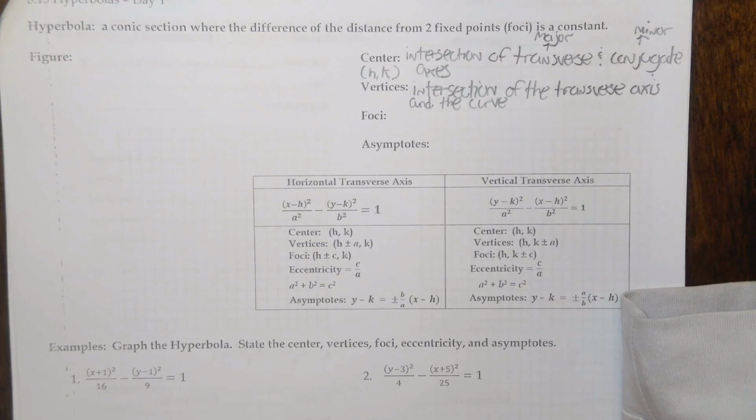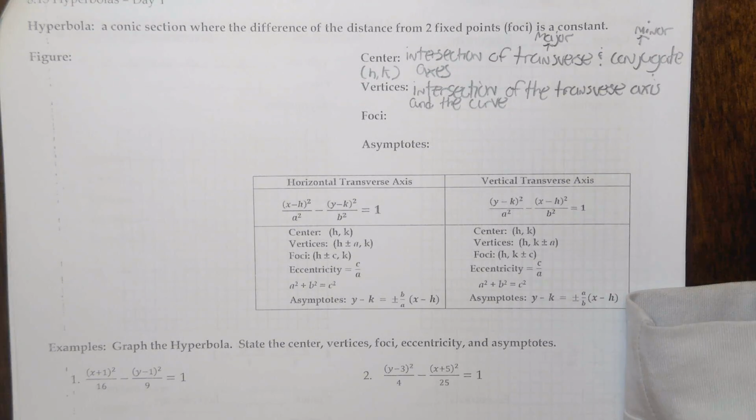Again, a is the distance from the center to each vertex, same as ellipses, so I'm not going to write that down again because we already talked about that. So a is equal to the distance from the center to each vertex.